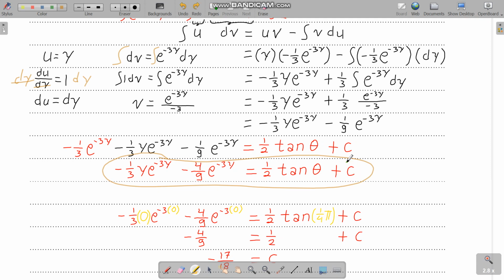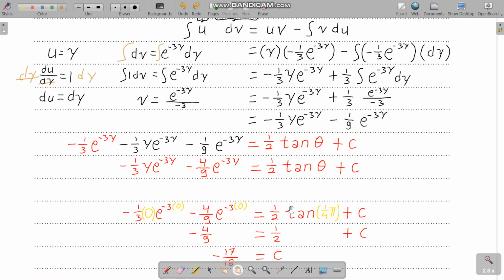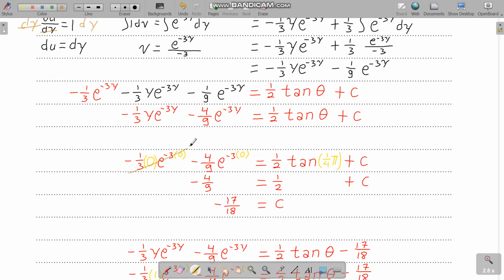To find the particular solution, we need to plug in the boundary condition. When y is 0, theta is 1/4 pi. So we replace the y with 0 and the theta with 1/4 pi. So 0 times whatever is 0.